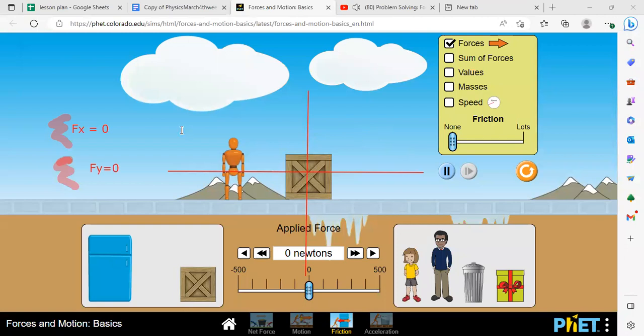Hello? Mukhang nasa beach na kayo lahat ah. Malakas ba hangin? Di ako naririnig. Okay, so sa tingin nyo ba walang force acting on this crate?